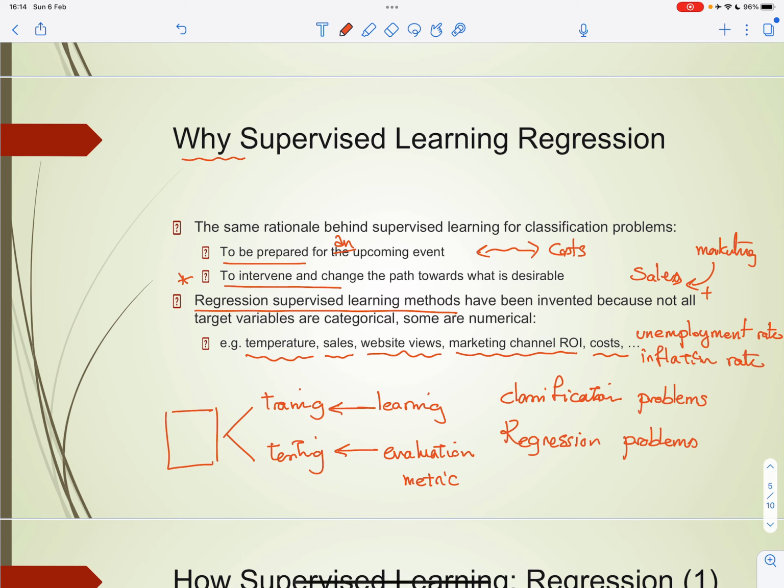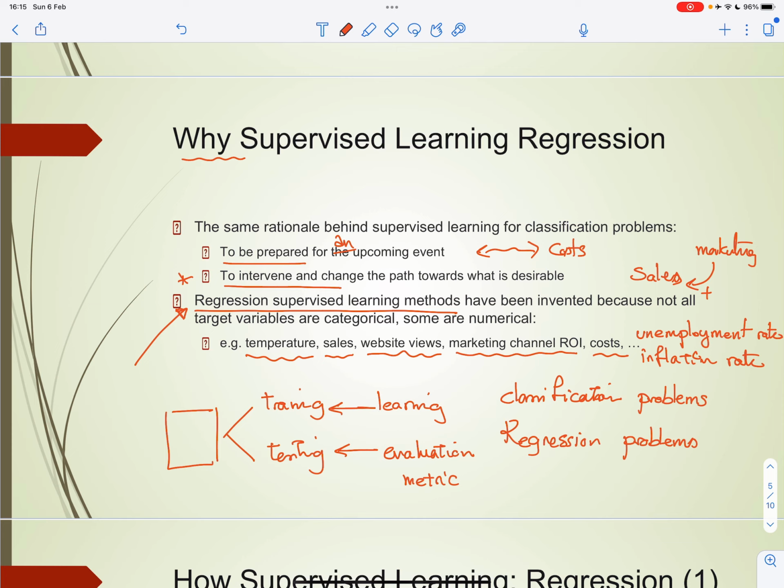All of them are numerical variables, and this is why we use regression supervised learning methods, because with classification supervised learning methods we couldn't tackle these kind of problems.